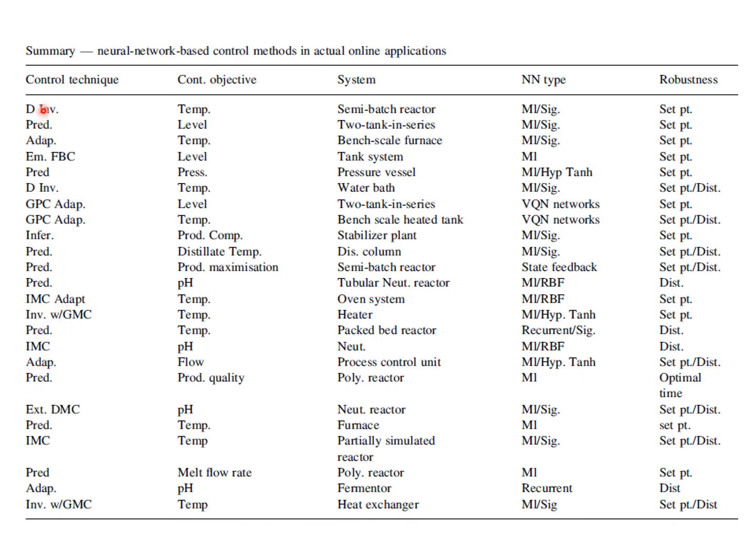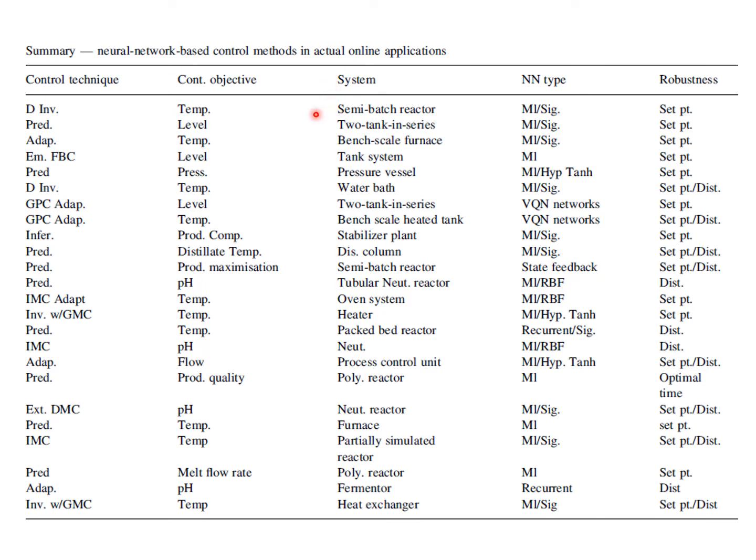Different methods that we've thought about for nonlinear systems, but using neural network as part of the model, with different control objectives to control temperature, level, pressure, and so on. Standard chemical process systems that we normally see.